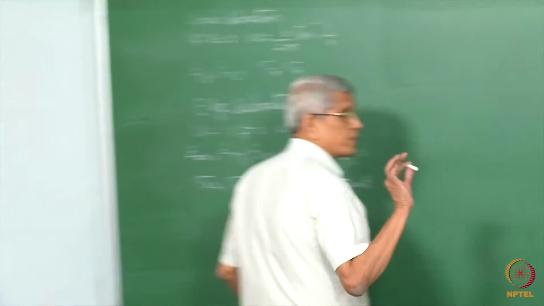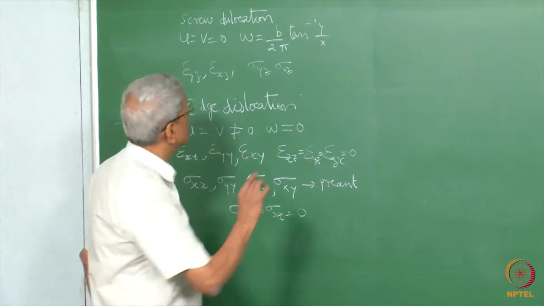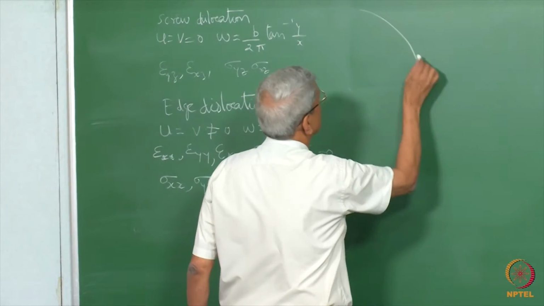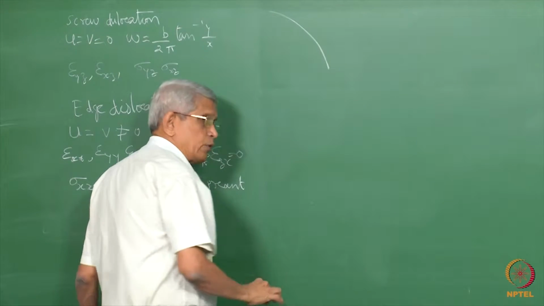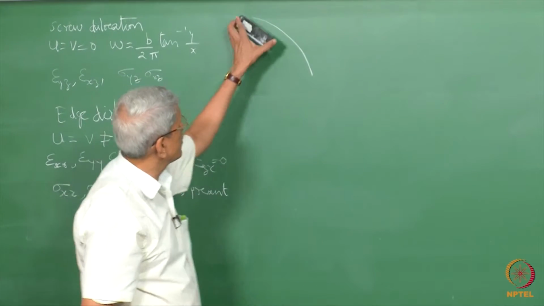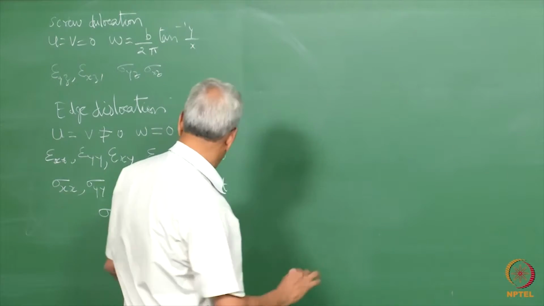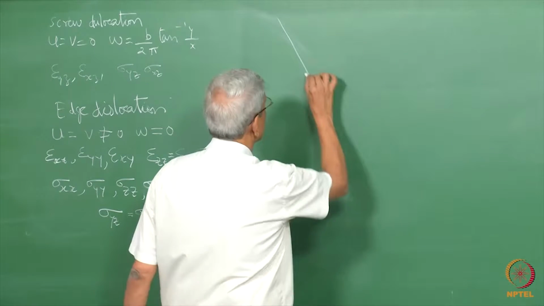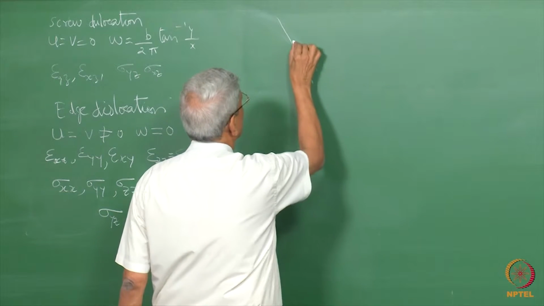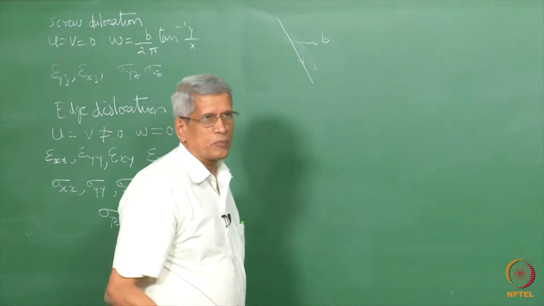When we look at a mixed dislocation, we can look at it as a curved one, or we can look at it as a straight dislocation with the line direction u, and the Burgers vector inclined with respect to the dislocation.